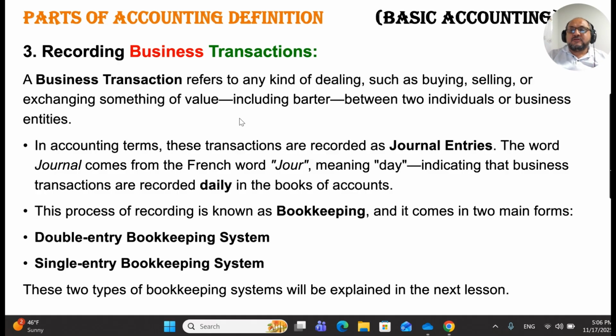Formally, the definition is: a business transaction refers to any kind of dealing such as buying, selling, or exchanging something of value, including barter, between two individuals or business entities.